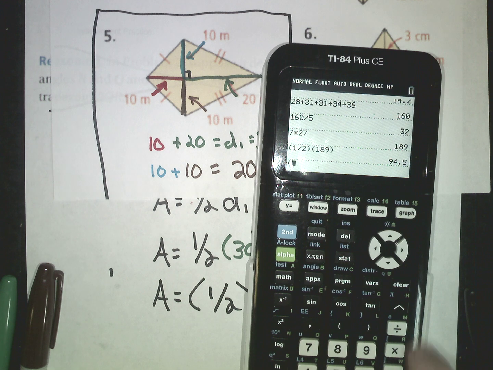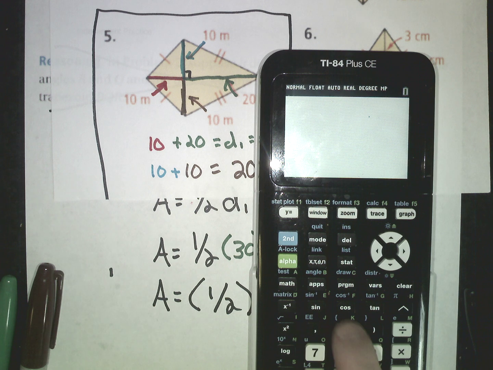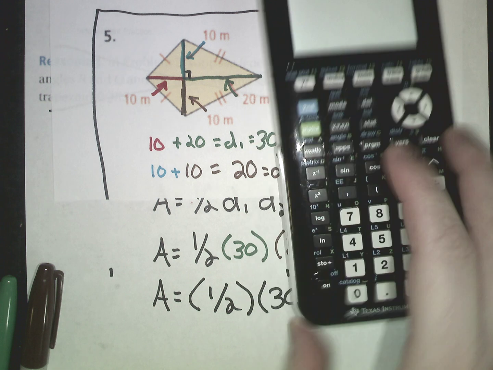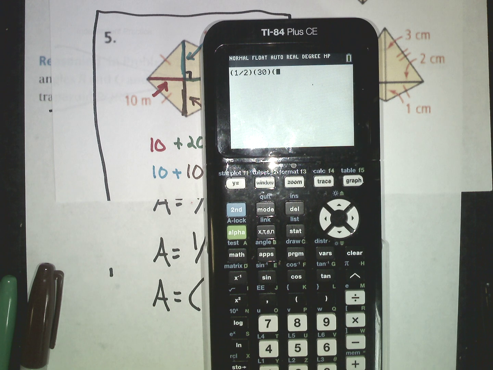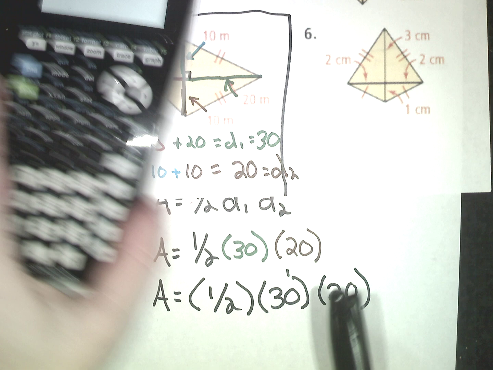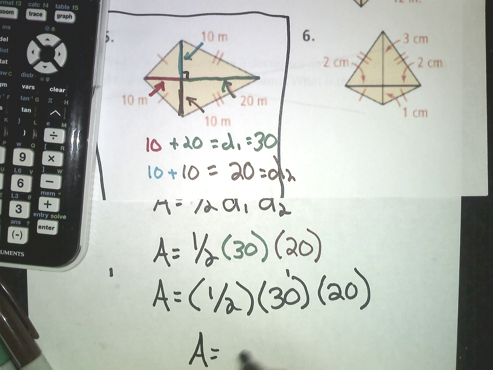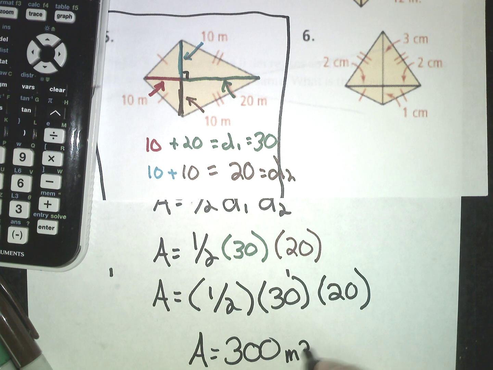Let's clear out this so we just watch what I'm doing. Parentheses 1 divided by 2 times 30 times 20. I hit enter. 300. So the area, well, this is meters, right? So the area is equal to 300 meters squared.